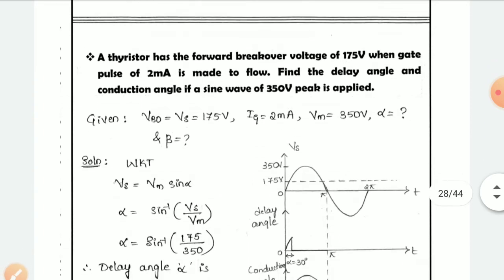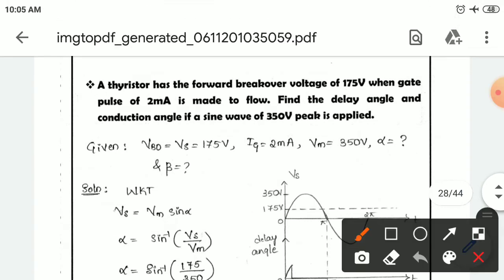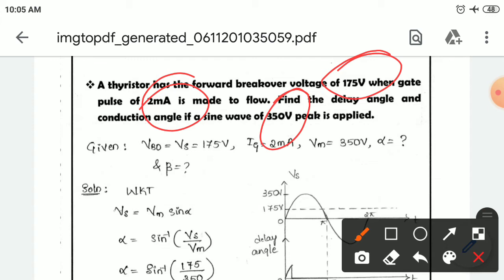Next problem: a thyristor has a forward breakover voltage of 175 volts when a gate pulse of 2 milliamps is made to flow. So the forward breakover voltage is 175 volts and the gate current is 2 milliamps. Find the delay angle and the conduction angle if the sine wave is 250 volts peak.